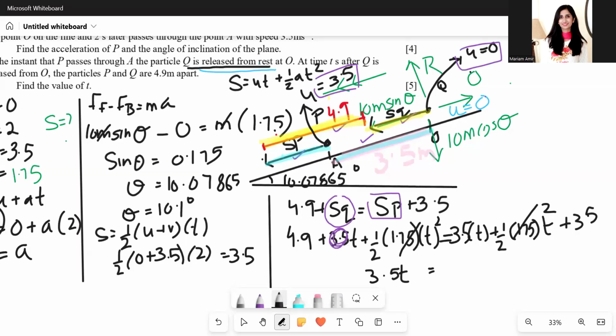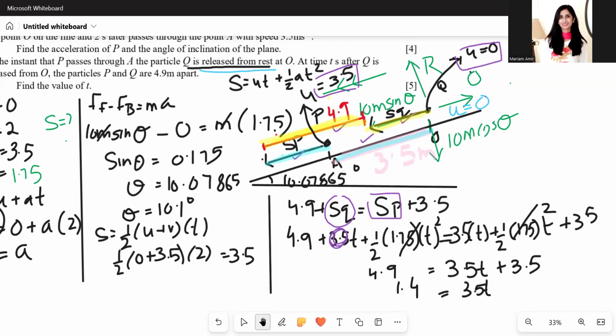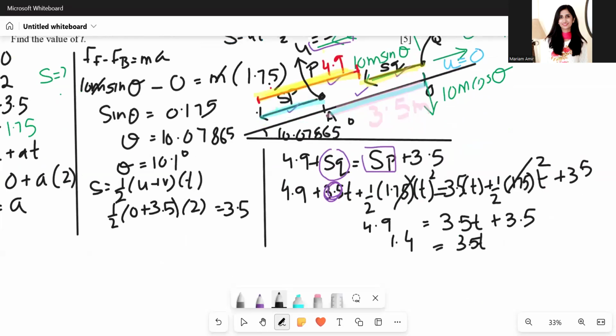So now we have 4.9 equals 3.5t plus 3.5, which is 3.5t equals 1.4. And then when you divide 1.4 by 3.5, you get 0.4 seconds, which is the answer.